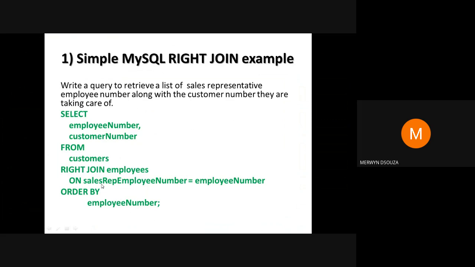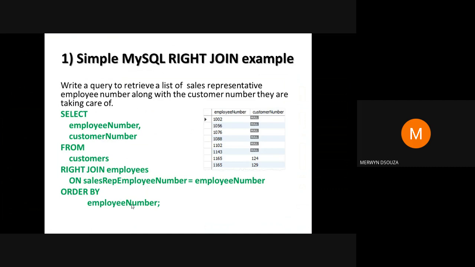So the two columns that are linking each other are sales rep employee number, which is the column from the customers table, equal to employee number, which is the column from the employees table. And then we order the data by using the order by clause, and we order by the column employee number.